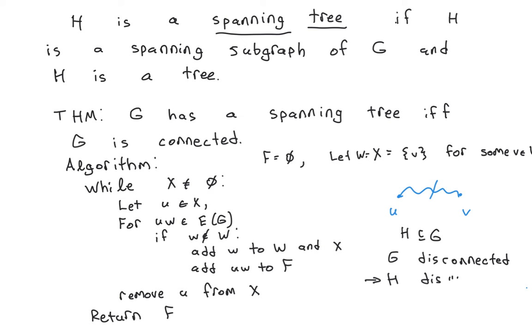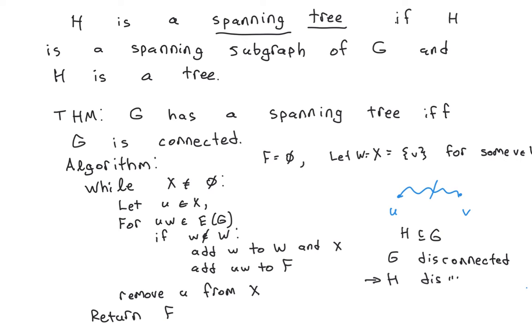So we think of W as the set of vertices we've discovered so far in this exploration of the graph. So we're starting from V and we're exploring the graph by going along edges. And X are sort of the boundary vertices in the exploration. So we add little w to our capital W and to X, and we add the edge to F. Once we've gone over every edge involving U, we remove U from X because we've completely explored all the edges involving U. And then we continue.